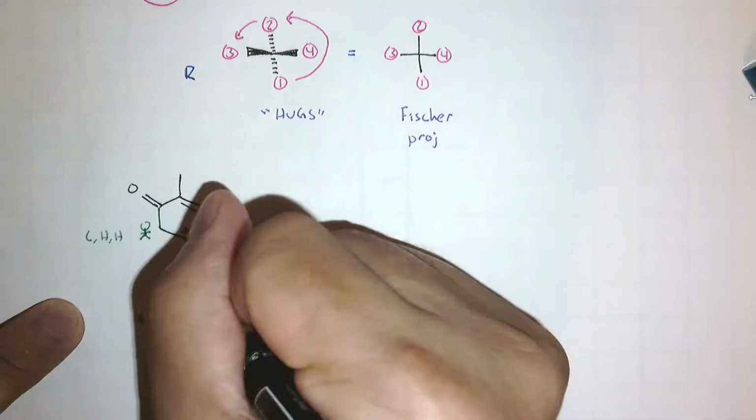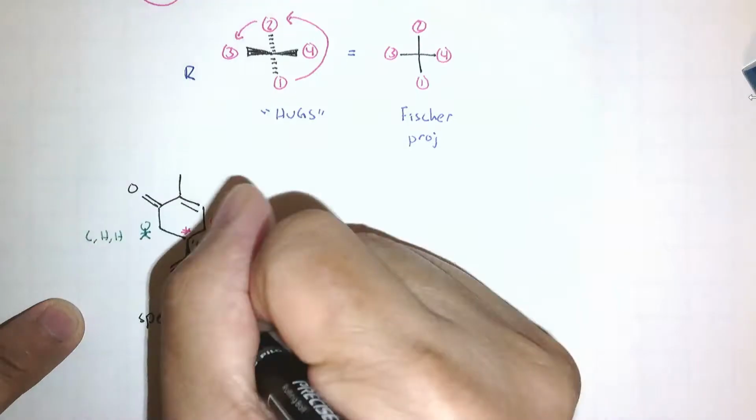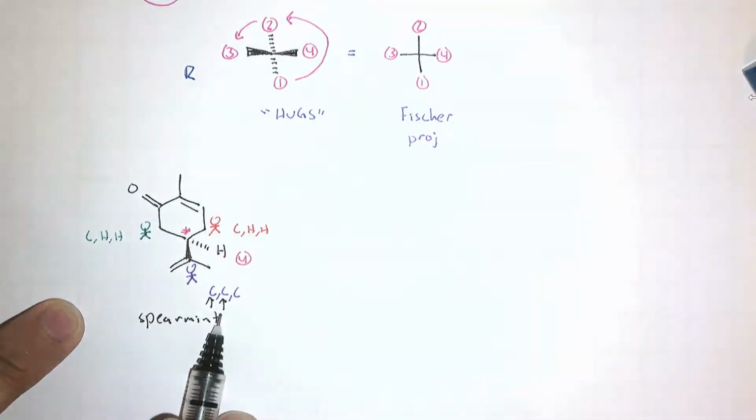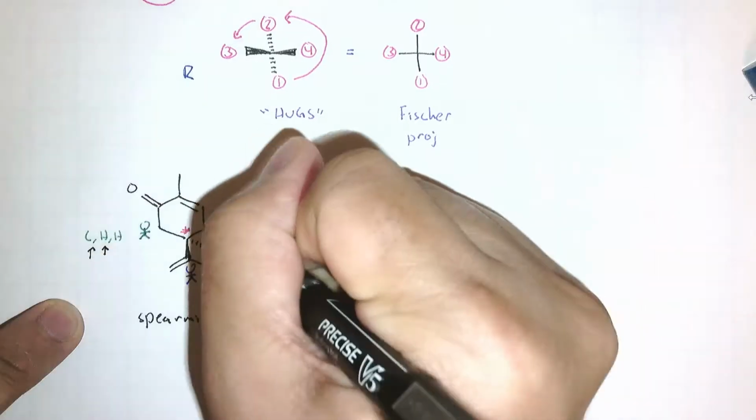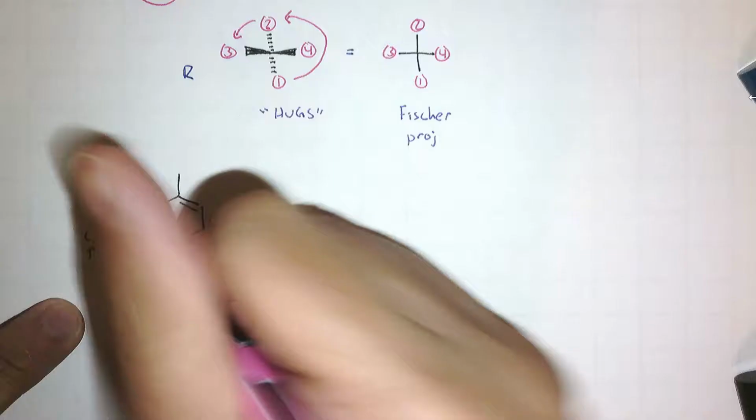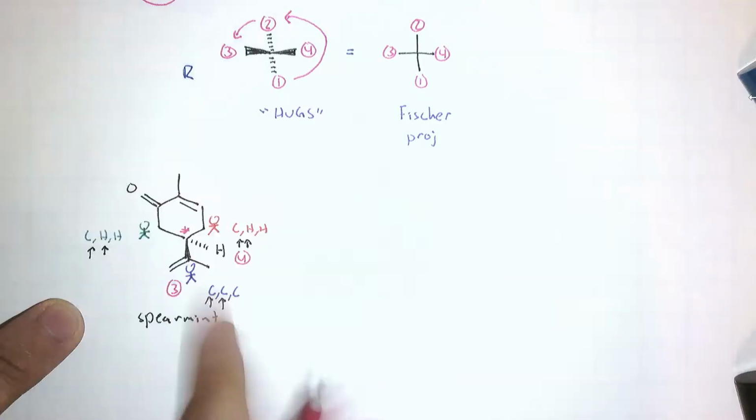So we have a winner right here. No, right there. The second card, C beats H beats H. Priority number 3 is going down, the wedge.